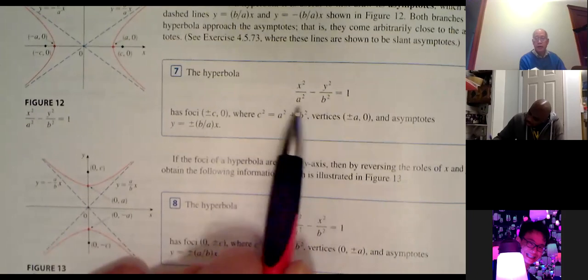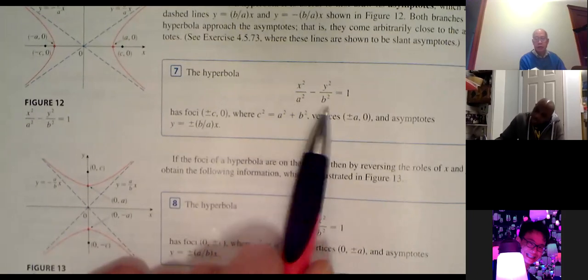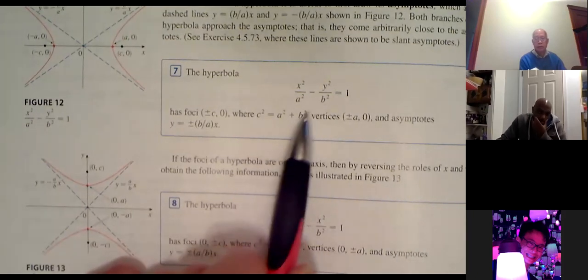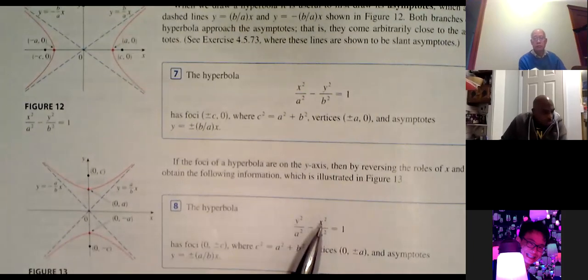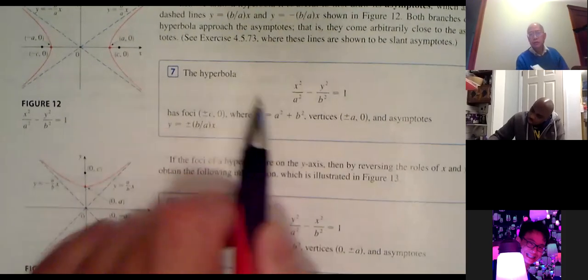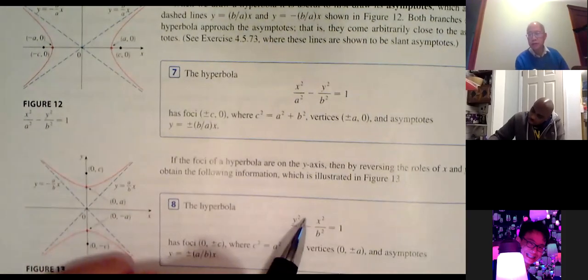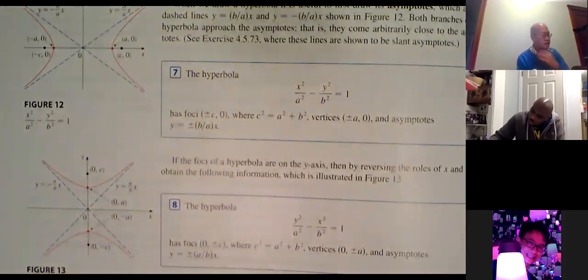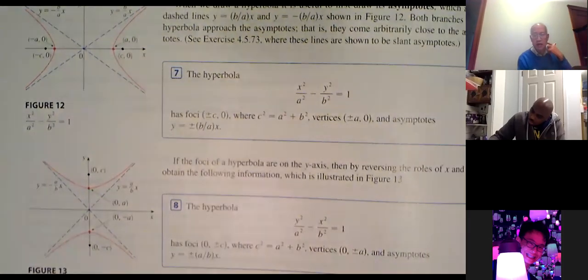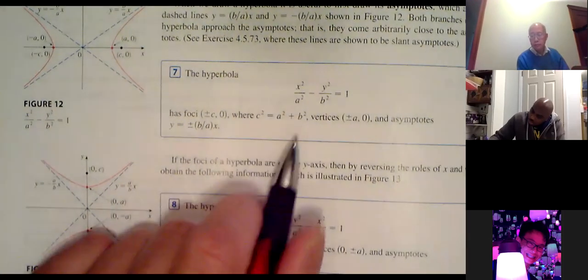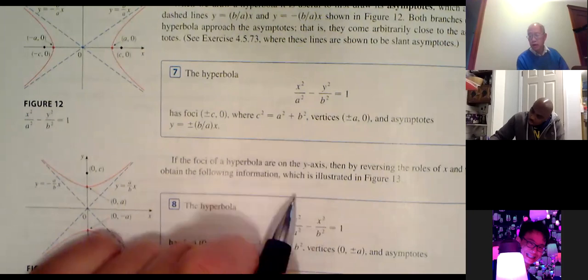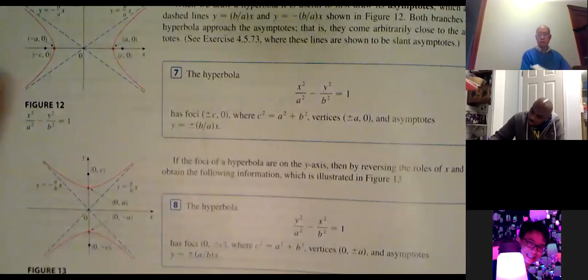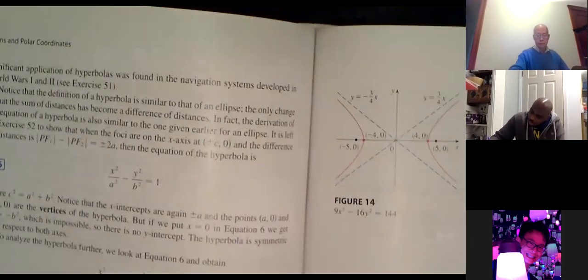For the hyperbola, no relation. Other than that, look at the equation. It looks very similar to the ellipse. So if you understood the ellipse, the hyperbola is very similar, except that there's a minus sign. Now, I will have to show you how I want you to graph these things. Okay, so here we go.